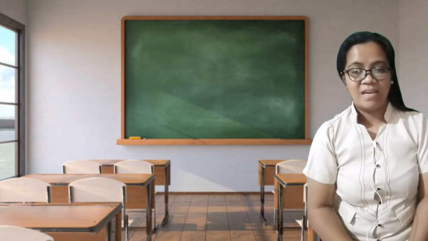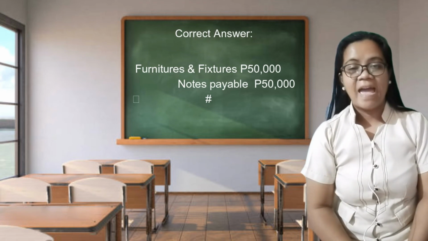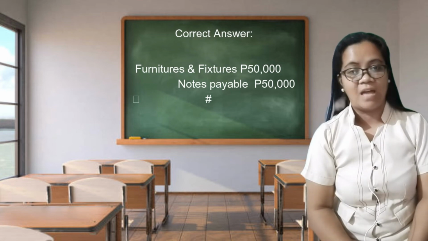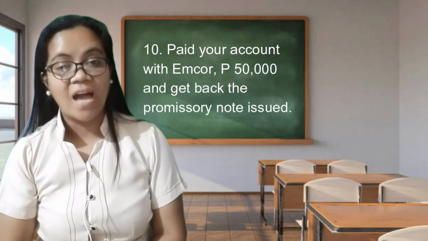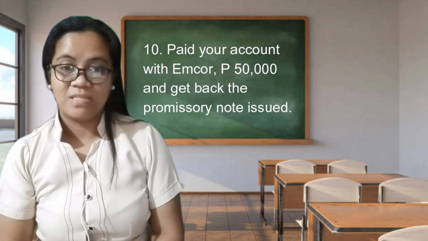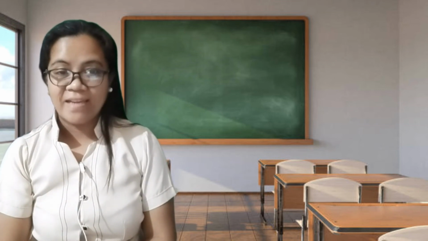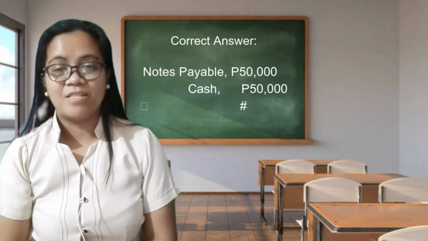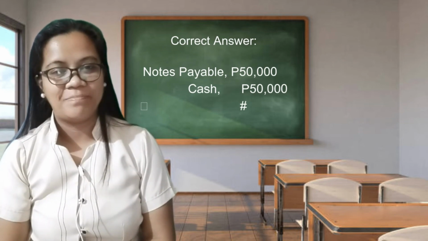The correct answer is debit furnitures and fixtures 50,000 pesos and credit notes payable 50,000 pesos. Number 10. Paid your account with MCOR 50,000 pesos and get back the promissory note issued. The correct answer is debit notes payable 50,000 pesos and credit cash 50,000 pesos.